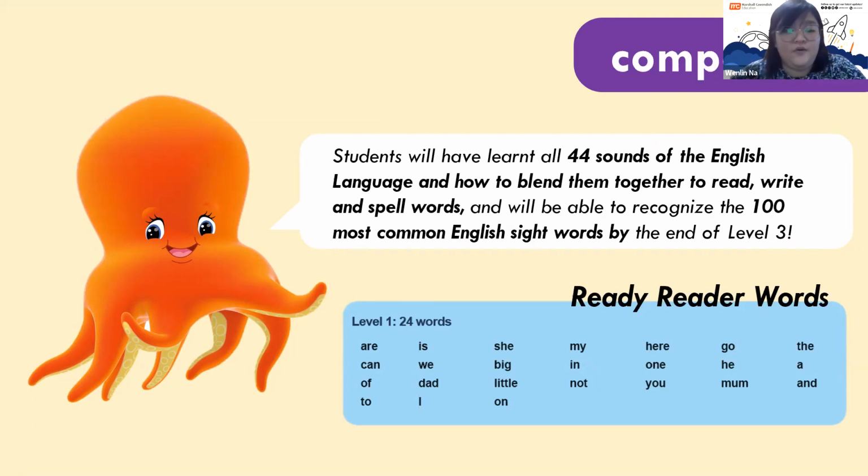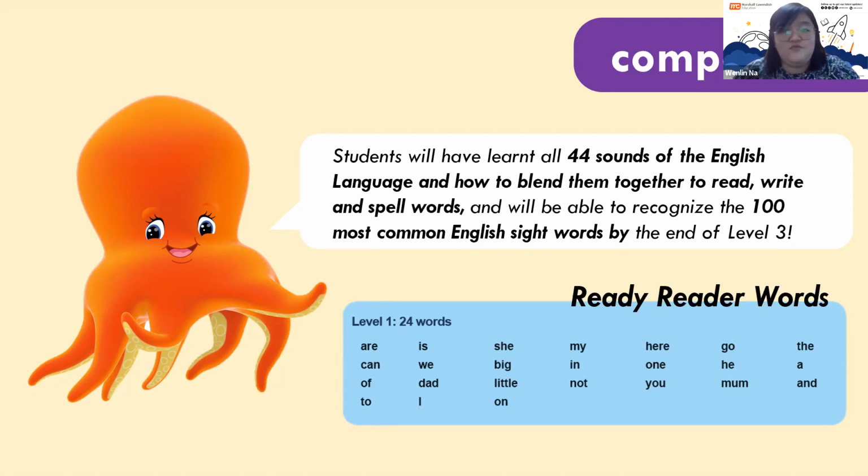So these words are known as ready reader words in our program, and these words include like is, she, in. Some of these words do not follow the regular phonemic pattern, so it's important for students to recognize them by sight so that they won't spend time decoding those words.